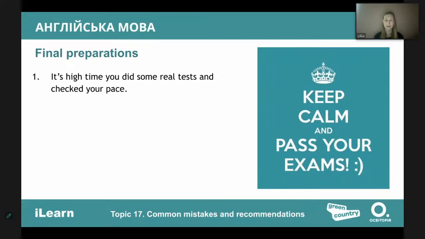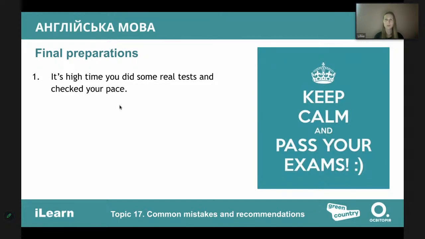So then, it's really nice to do some real tests right now. So please set a timer and try to do all reading and all use of English tasks from any ZNO or NMT examples that are present online. And please check your pace. I mean, check your speed.